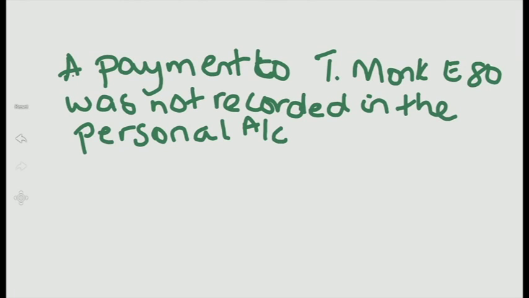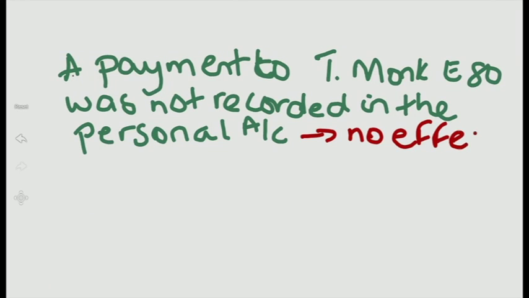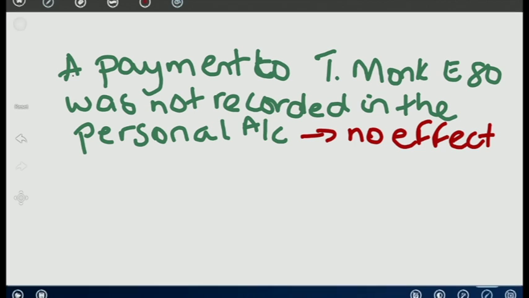In the balance sheet. In the final books of accounts, it is recorded in the balance sheet. T-Monk is our creditor. Creditors are recorded in our balance sheet. So does this transaction affect our net profit? No, not in any way. So we are going to show that there is no effect on our net profit. We are focusing on our net profit. It has affected our trial balance, but there is no effect on our net profit.